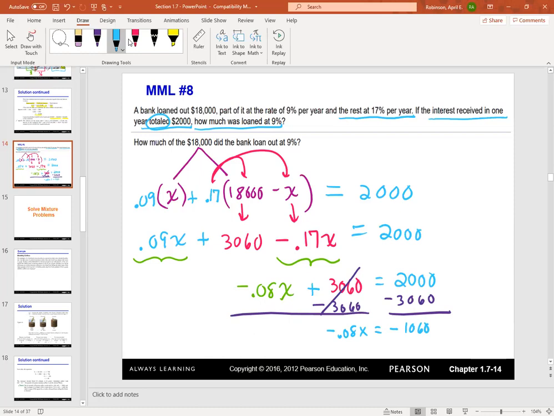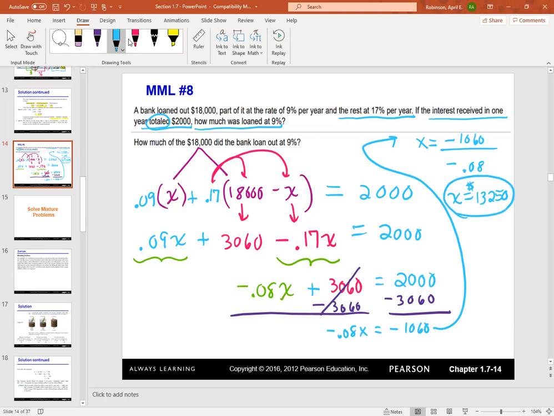And then all I have to do to solve for x, x is going to equal the negative 260 divided by the negative 0.08. Two negatives make it a positive. And when I'm done, I'm going to have 3,250. So that's a dollar amount there. That's how much money the bank loaned out at 9%.